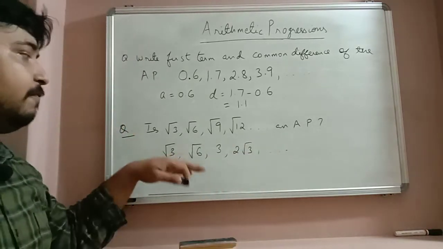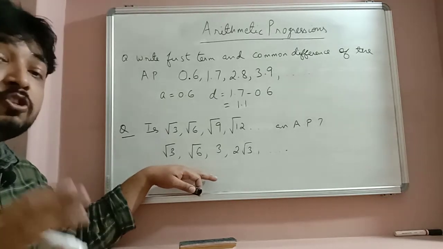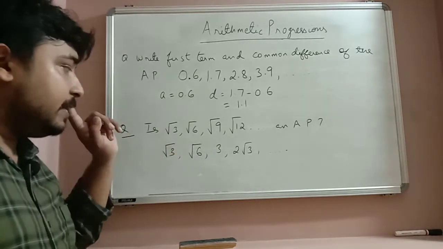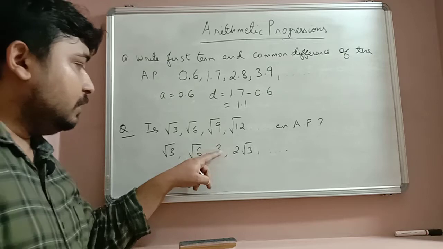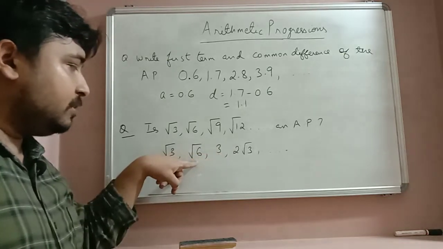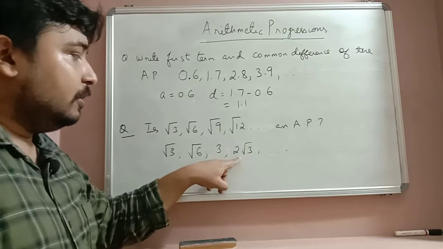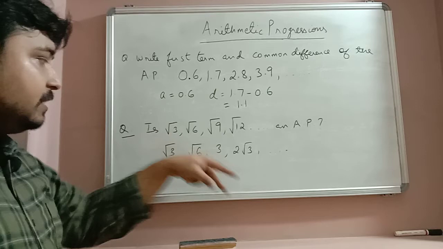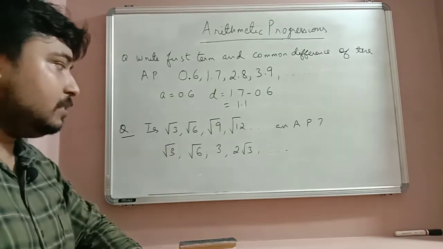Now it is clear from this that this particular sequence, or list of numbers, is not an AP, because root 6 minus root 3 is an irrational number, or we cannot simplify it further. 3 minus root 6 is again irrational, we cannot simplify it. 2 root 3 minus 3 is again irrational, and all these irrational numbers are unequal, as we can see from observation.